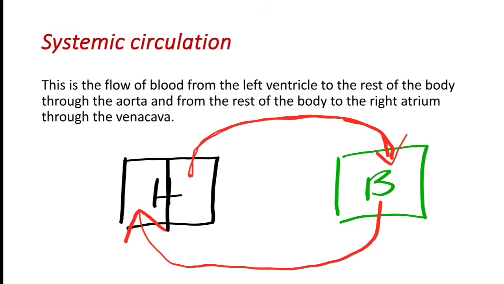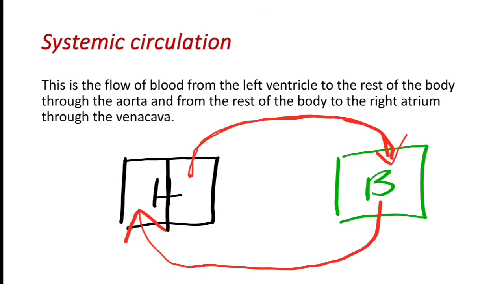So the purpose of pulmonary circulation is simply to oxygenate blood. If you check, blood which is deoxygenated went to the lungs, right? Through the pulmonary artery. It went to the lungs to go and do what? To collect oxygen, to be oxygenated. And then from the lungs, it came back to the heart through the pulmonary vein.